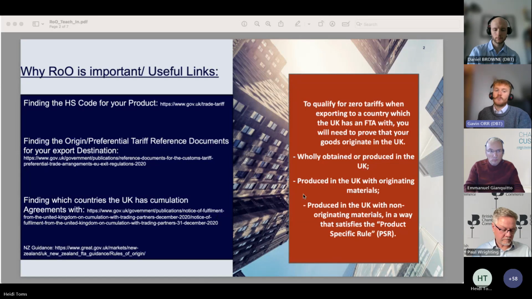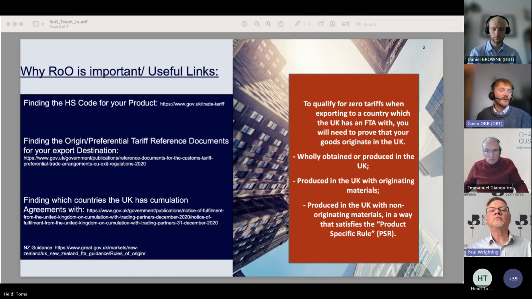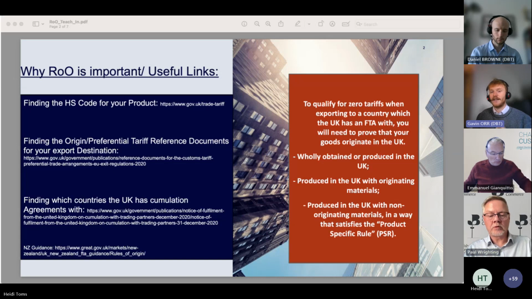Just before we move on, Paul also alluded to this earlier, but I'll touch on it again because it's super important. In order to ensure that you can see the relevant rule for your product, you must also find the correct product code. Every product which has ever been conceived or near enough is categorized under the harmonized system, or the HS, and has been assigned a specific product code.